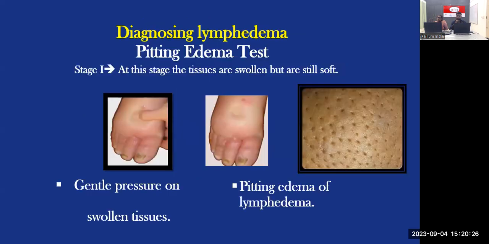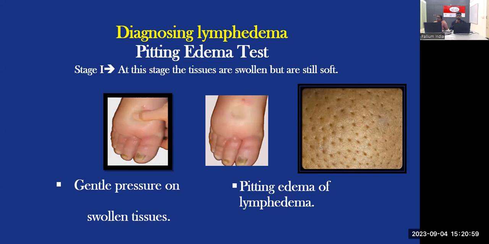If from the patient history you finalize that the patient is having lymphedema, then there are 3 stages. The first stage is the pitting edema stage, like orange peel skin. When you apply pressure on that area, your finger point is visible. So that is stage 1. This stage we can manage easily.